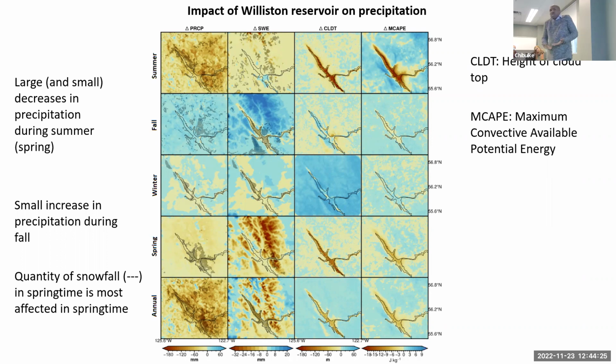So the convective clouds don't rise as much as to cause precipitation as before, which is also reflected in the maximum convective available potential energy. That's the energy that is supposed to push vapor towards the mountains.